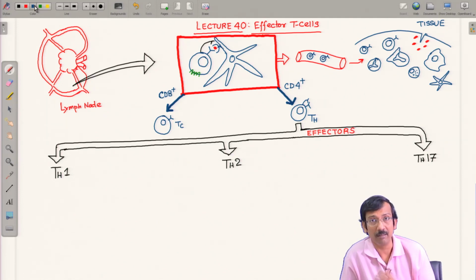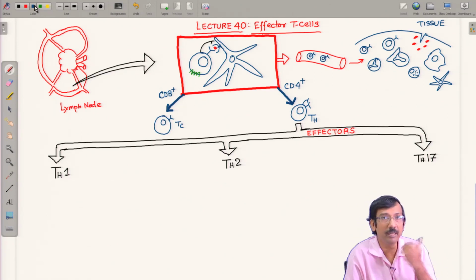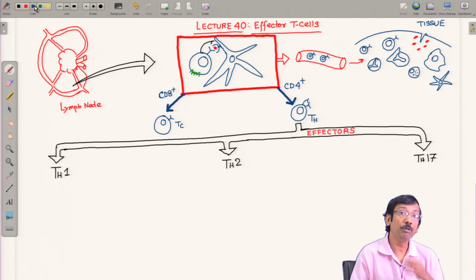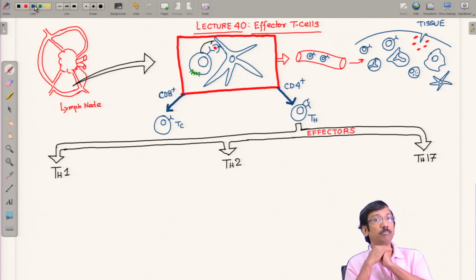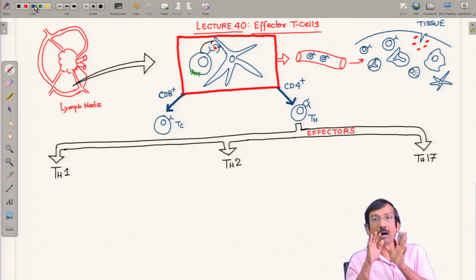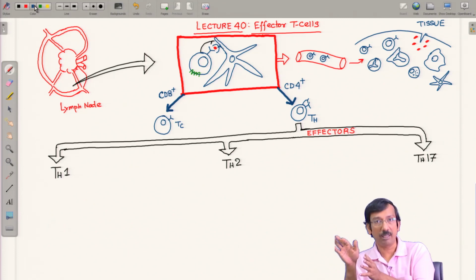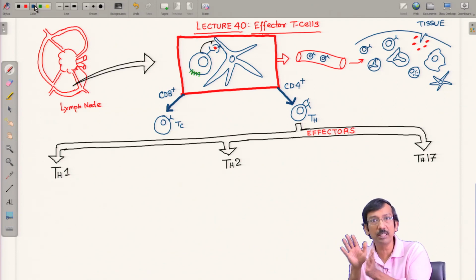And these cells, which help in clearing the infection, that means which are involved in these immune responses directly or indirectly, are known as the effector cells. So, they are the effector T cells.